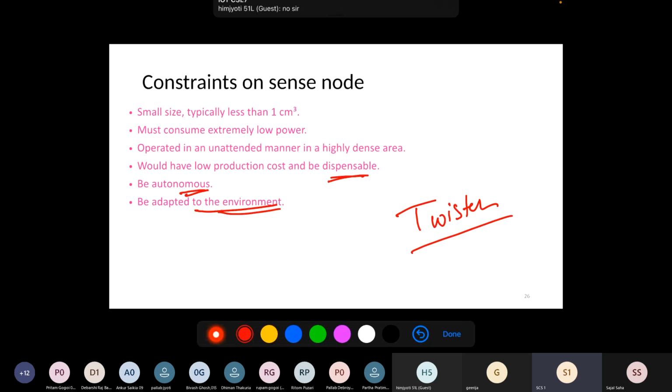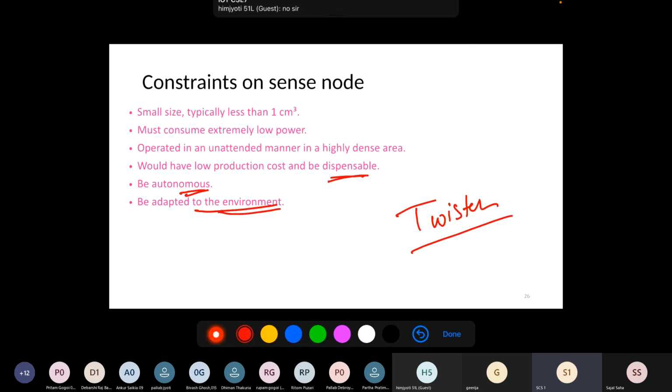It is a movie that was screened 15 or 20 years back, but at that time the wireless sensor node applications were depicted in a very beautiful manner through this movie. So my request is, if you get time, you are seeing so many movies, you can watch this movie. This movie is very good.